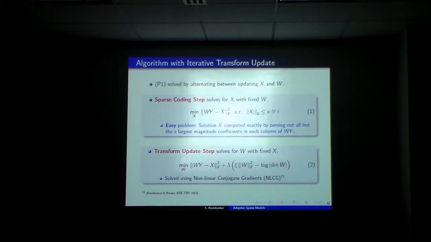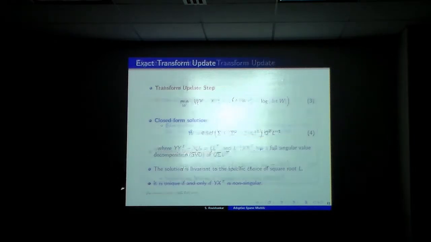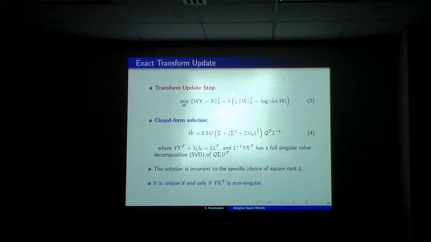You also have one more step, which is called the transform update step, where you minimize the cost function over the transform W with a fixed sparse code, and that is this unconstrained minimization problem that has this log determinant and a bunch of squared Frobenius norm penalties. Previously, we had proposed an iterative method based on nonlinear conjugate gradients for solving this problem. More recently, we have derived a closed form solution for this kind of problem that is shown over here.